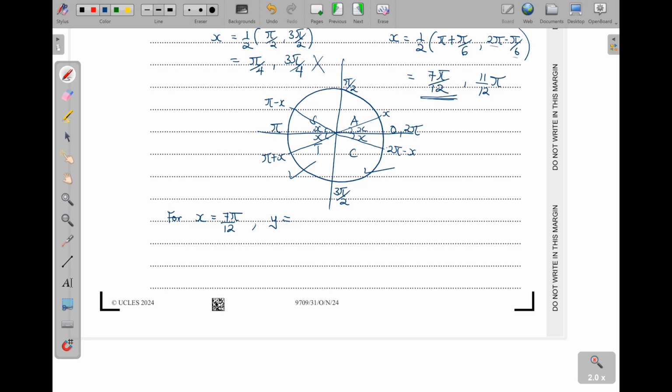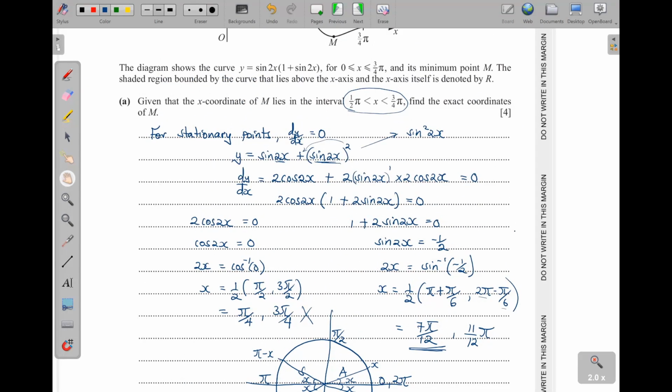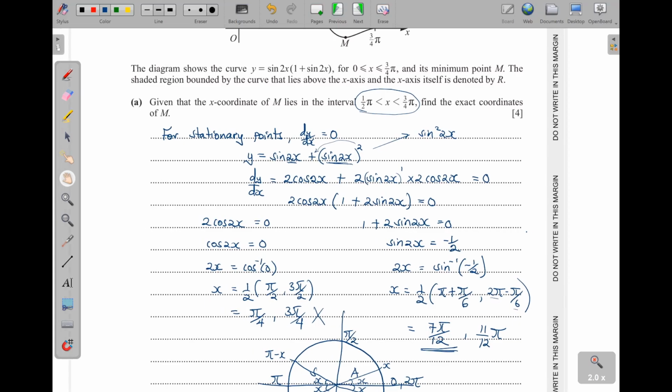So the y coordinate, you substitute, it is going to be sine of 2x, so that is 2 times 7 pi over 12, then plus sine of that 2 times 7 pi over 12, then we square it. Okay, we square it. Remember, I opened the brackets, and this is what we are having here.